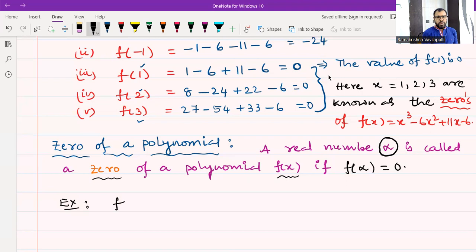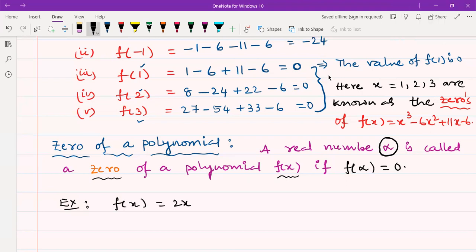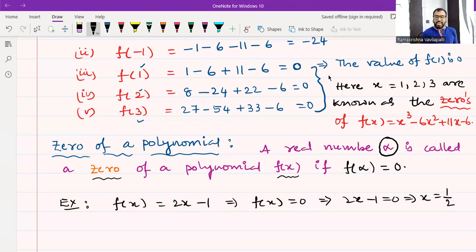you take f of x equal to 2x minus 1. Well, at what value will f of x vanish, right? So here f of x equal to 0. We want that equal to 0. So 2x minus 1 equal to 0. So x equal to 1 by 2. At x equal to 1 by 2, that value vanishes.